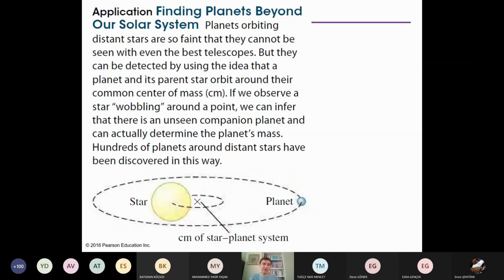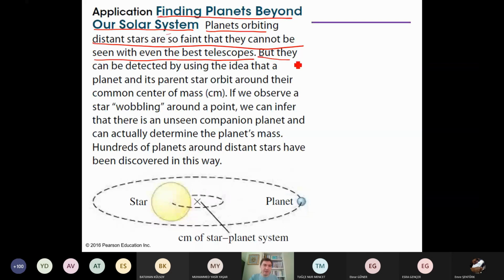Then let me finish the center of mass with this application, very important for astronomy, for, let's say, space applications, finding planets beyond our solar system. Planets orbiting distant stars are so faint that they cannot be seen with even the best telescopes.